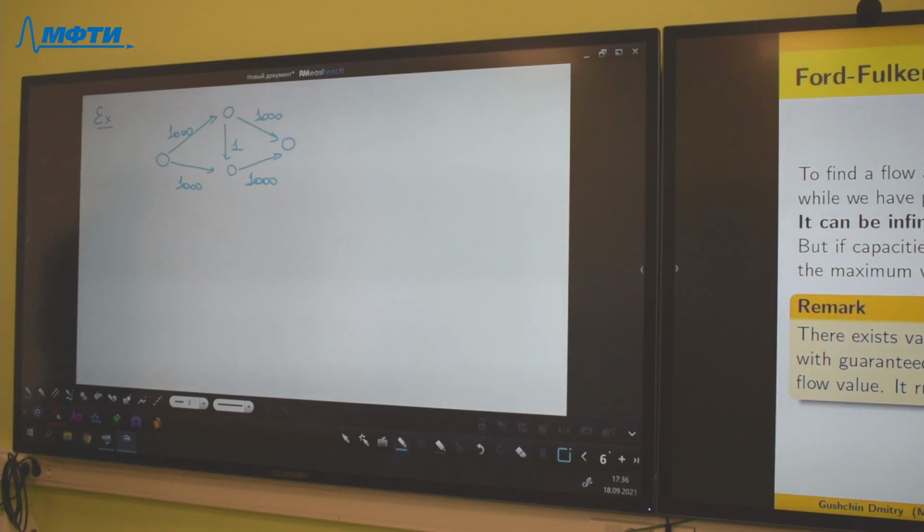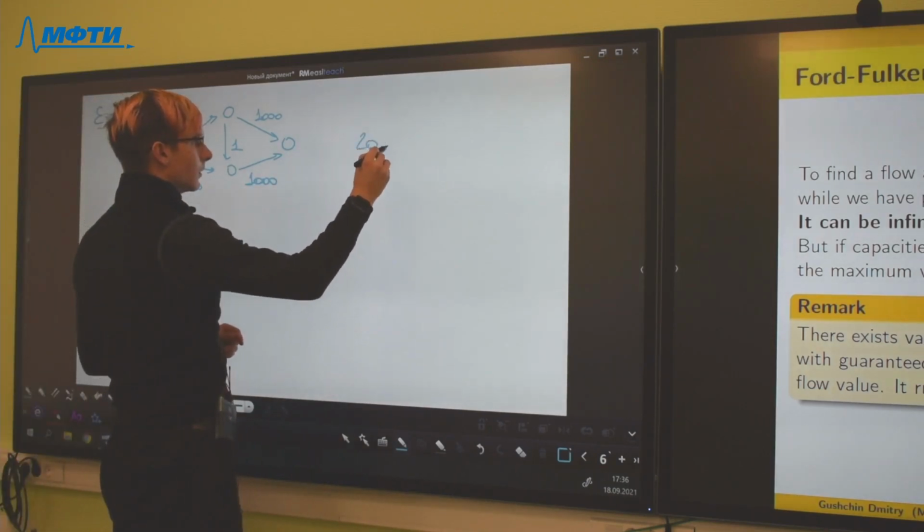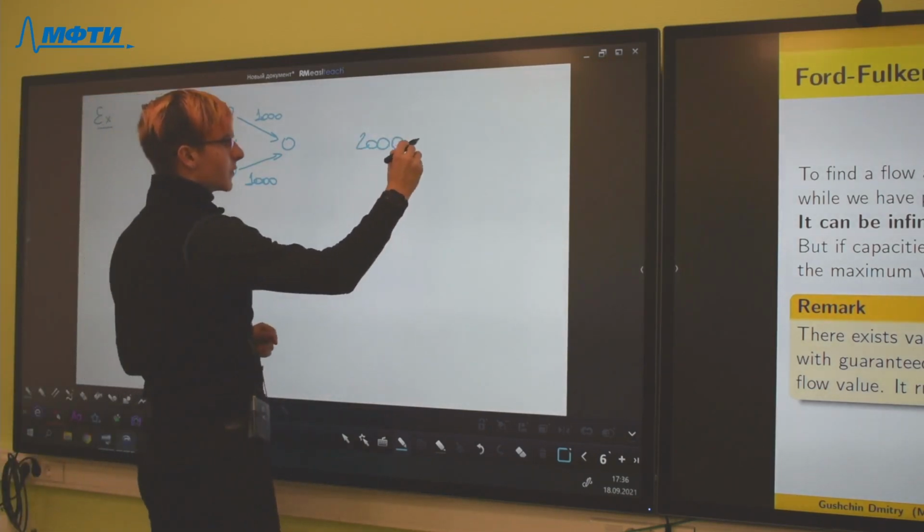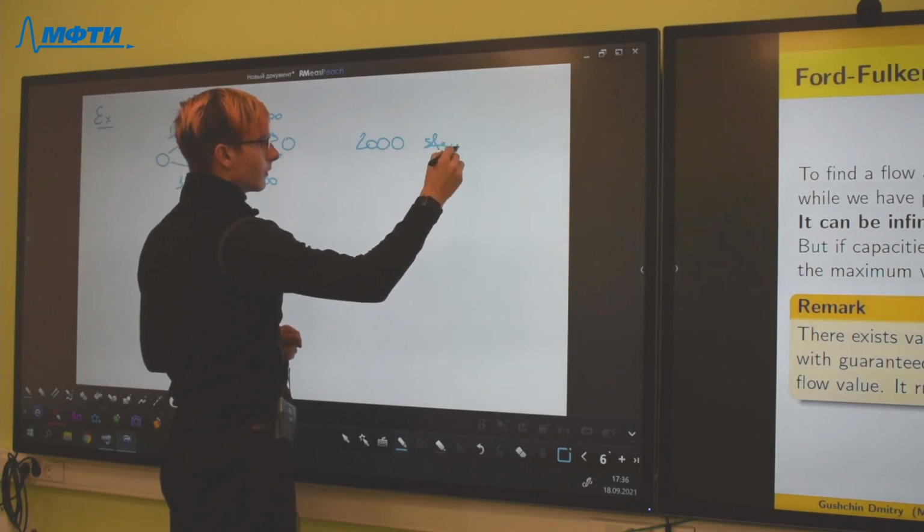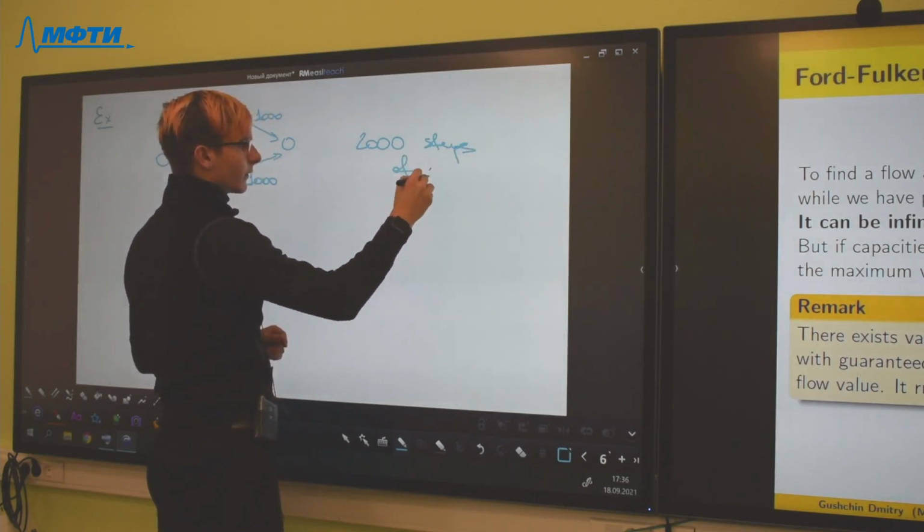Then we can try to use the Ford-Fulkerson algorithm, and in each step we increase our flow only by 1. And then we get 2000 steps of the algorithm.